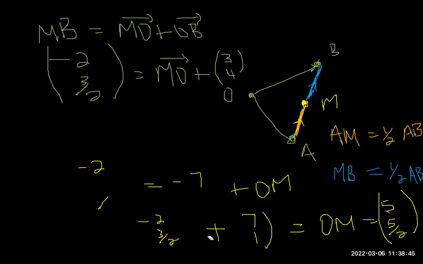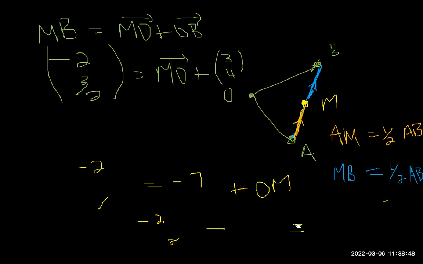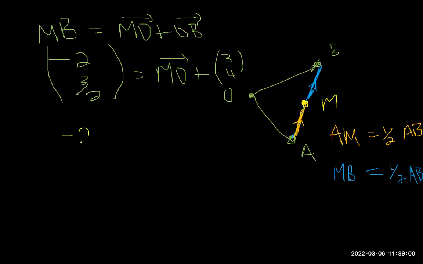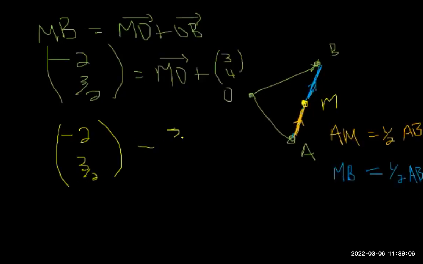So let me just show you that. Erase, erase, erase. So it did not matter if you use the AM or the MB, same thing, right? Minus 2, 3 on 2, minus 3, 4 would give me MO.